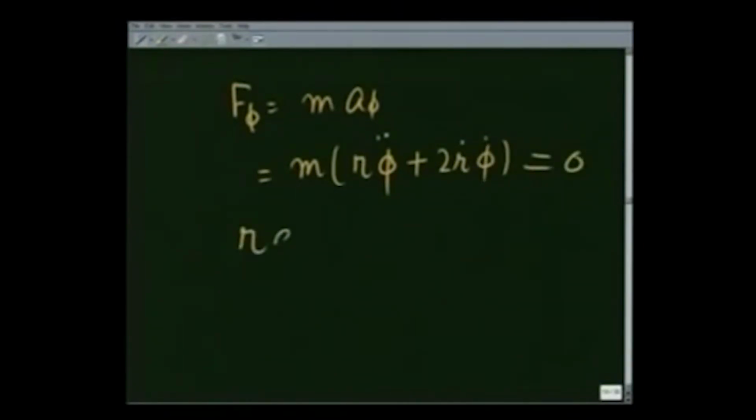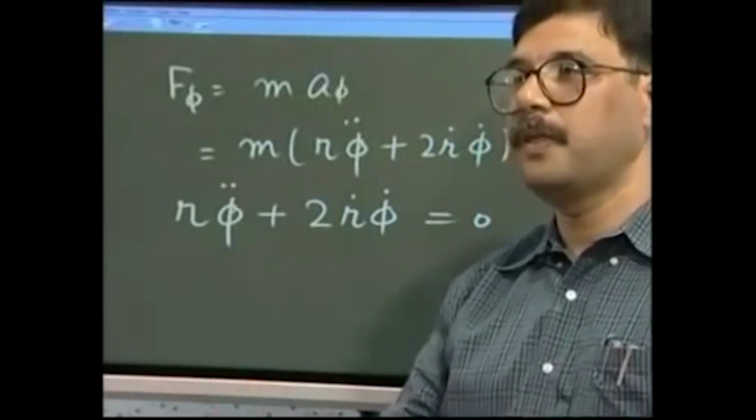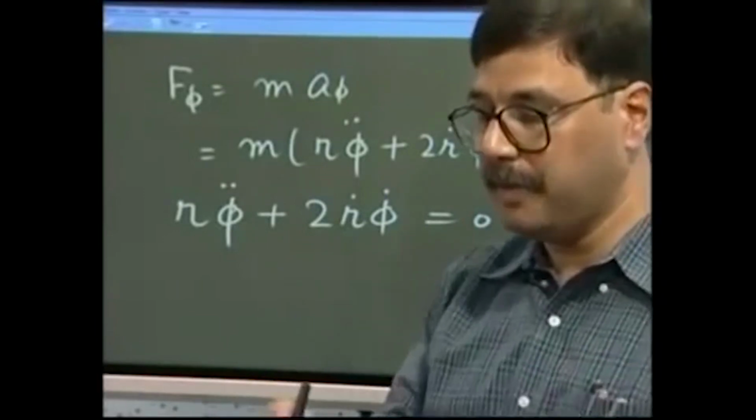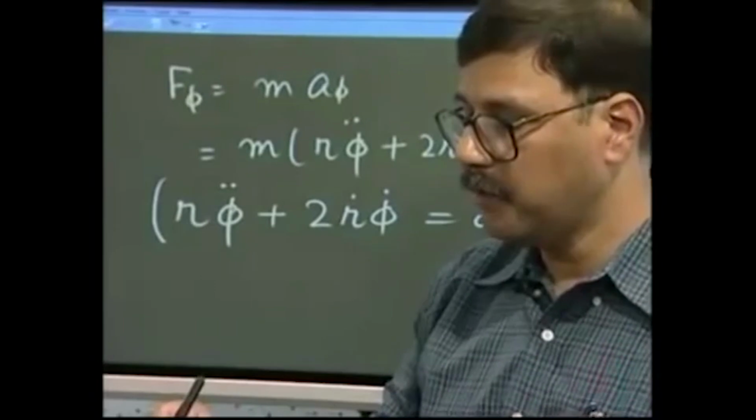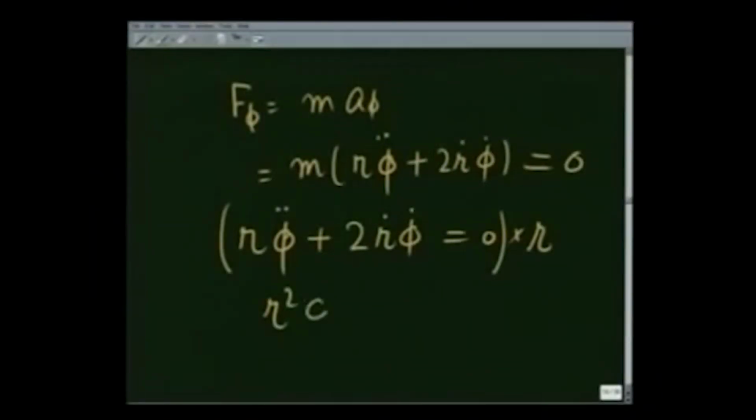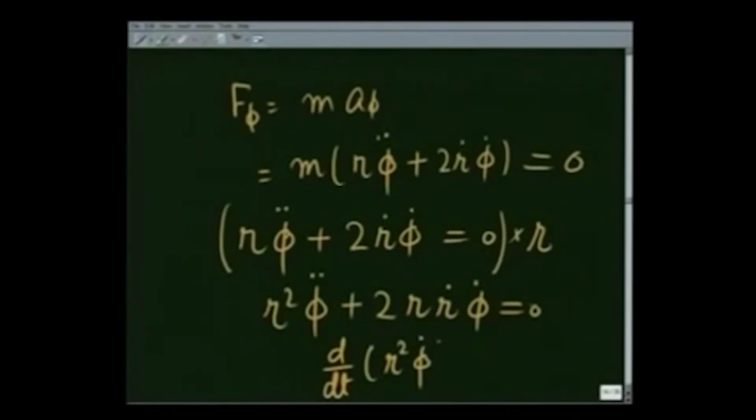So, r φ double dot plus 2 ṙ φ-dot is equal to 0. I can easily integrate this equation if I multiply this whole thing by r, so that I get r squared φ double dot plus 2 r ṙ φ-dot equal to 0, and you can easily see this is nothing but the derivative of r squared φ-dot. The first term gives you r squared φ double dot, the second term gives you 2 r ṙ φ-dot, and this is equal to 0.